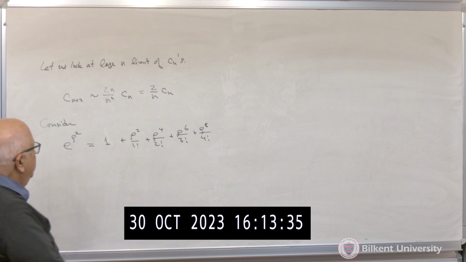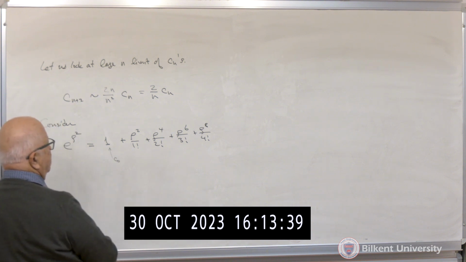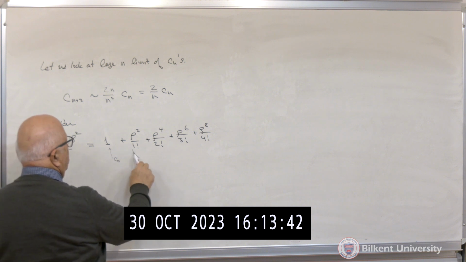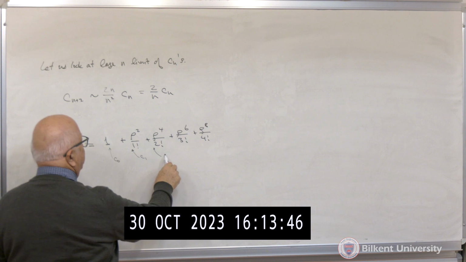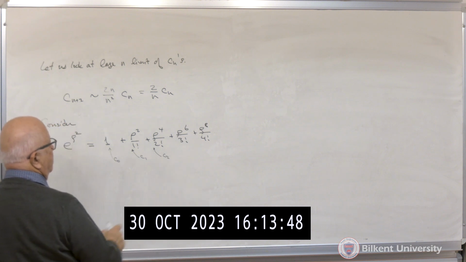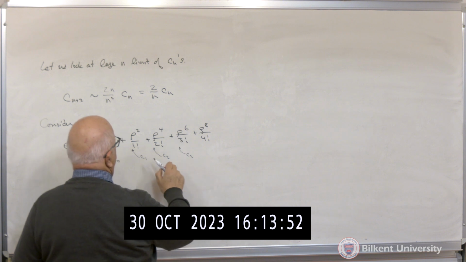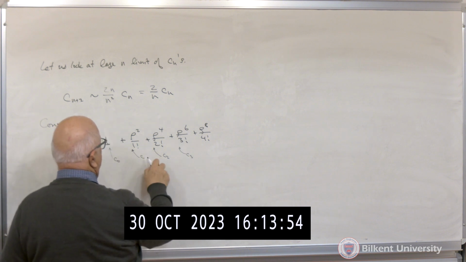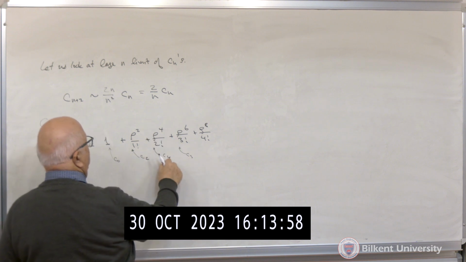If you look at the coefficients, this is associated with C0. This coefficient is associated with C1. This coefficient is associated with C2, and so on. This is C4 for the fourth power of rho.